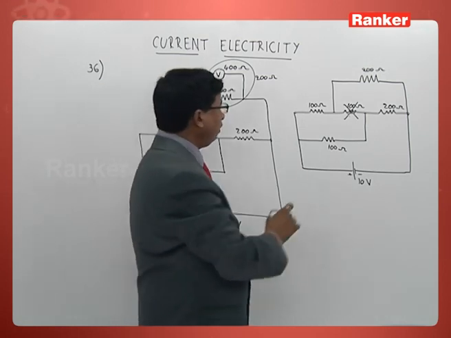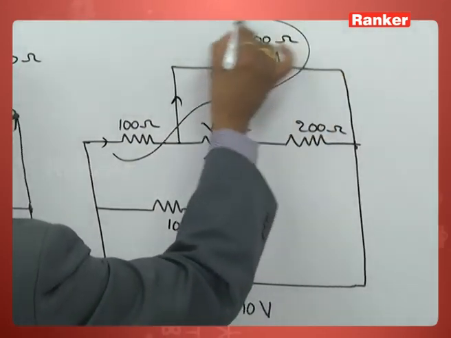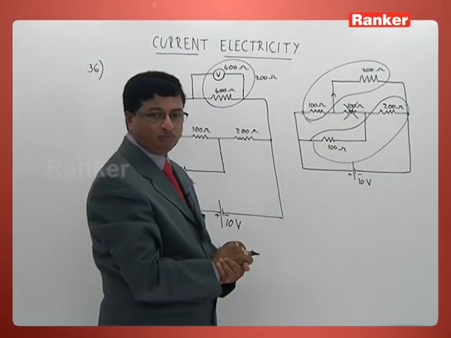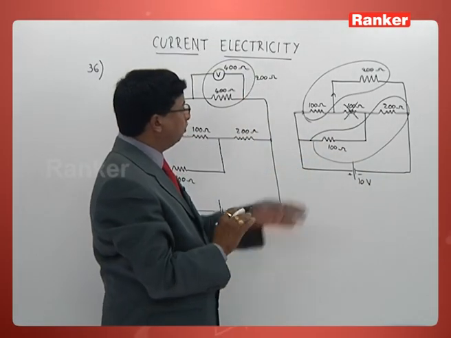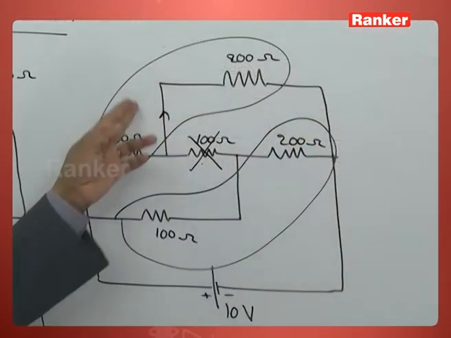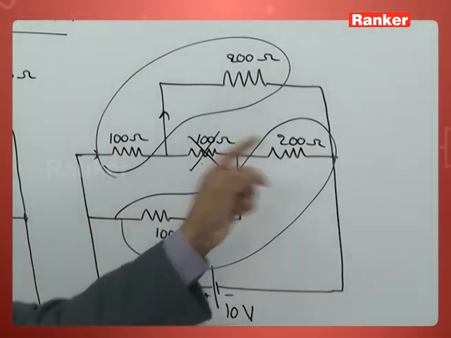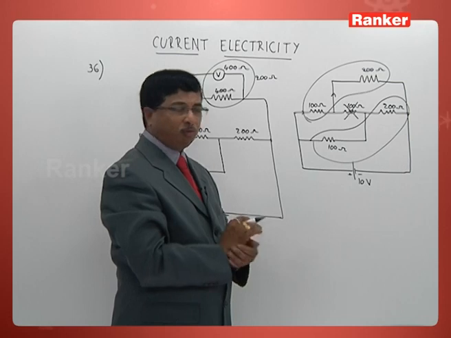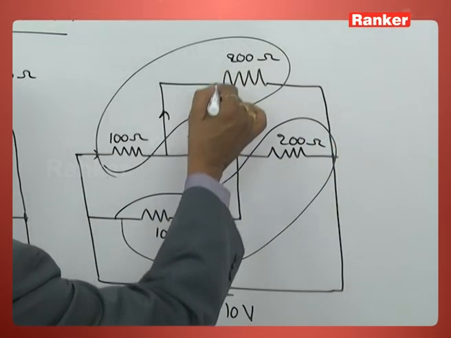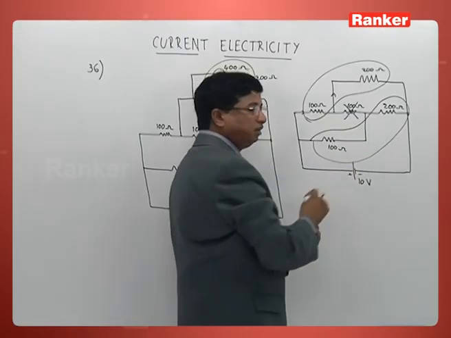So what can we say now? These two are in series. These two are in series. So what happens in this particular case? Both are in parallel. Current whatever is entering here, it directly goes there. Current whatever is entering here, it directly goes there. So what you can understand this way, if I consider that this is 200, this is 100, 200, 100, the effective resistance can be calculated.